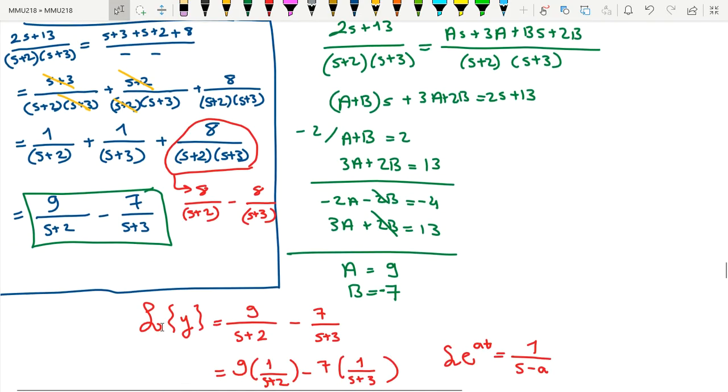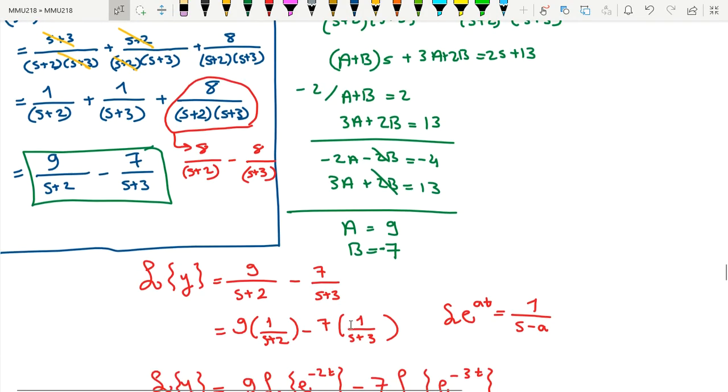So there you are. Laplace of y is going to be 9 over s plus 2 minus 7 over s plus 3. If you just pull the 7 factor out, that's going to be exactly 1 over s plus 2, 1 over s plus 3. And if you remember, the Laplace of e to the at is 1 over s minus a.